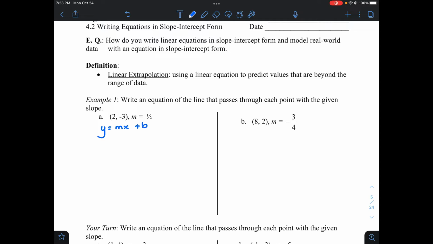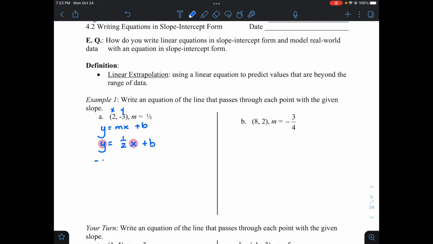Okay, they already gave me my slope, so far I have y equals 1/2 x plus b. Right, the only other piece of information they gave me was an ordered pair, and an ordered pair has an x and a y. So we're going to use that information, substitute that in for our x and our y there, and then we can solve for b.